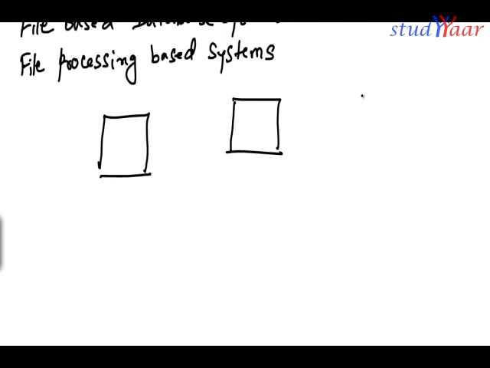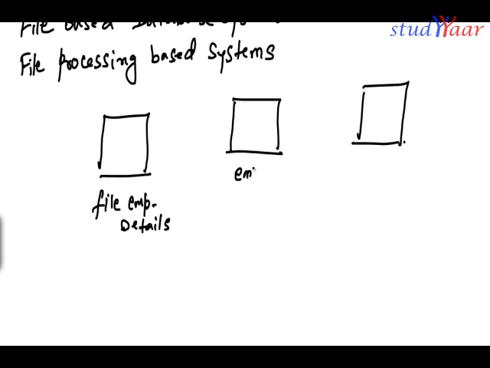So, in these systems, what we have is a set of files, okay? We'll have file 1, we'll have another file, we'll have another file. So let's say this is a database of employees of a particular company. So what we would have in this file-based system is a file of employee details. Okay?